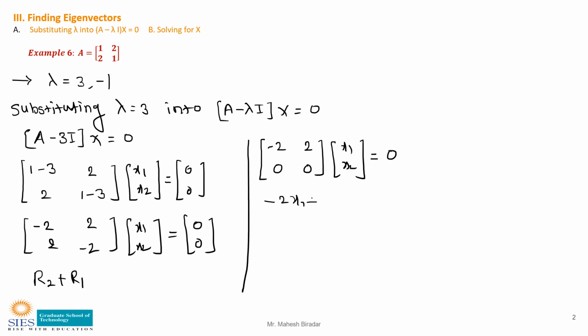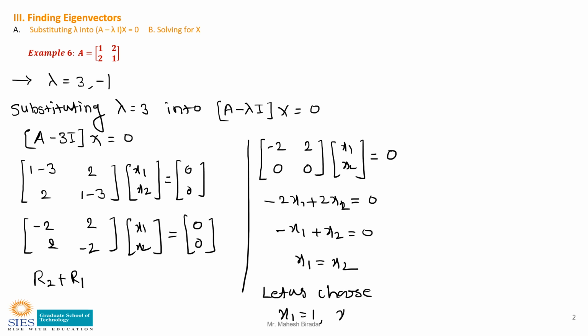If you write in terms of equations, we have only one equation here, which is minus x1 plus x2 equal to 0, or you may say x1 is equal to x2 also. So let us choose x1 as 1, so x2 is also 1. Therefore your first eigenvector associated with lambda is equal to 3 is 1, 1.